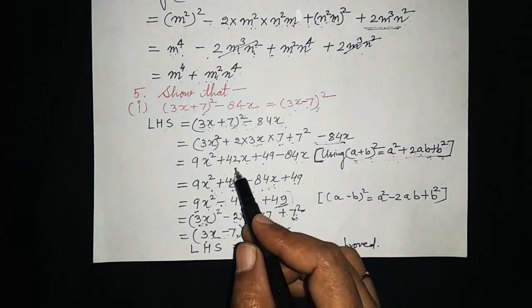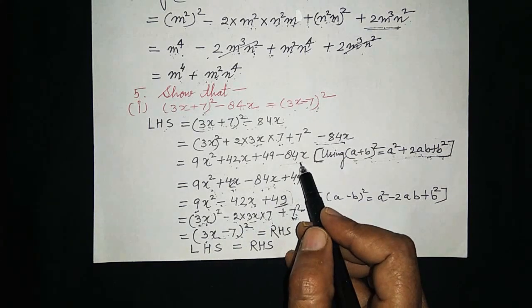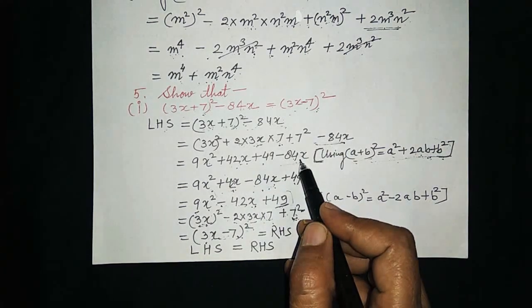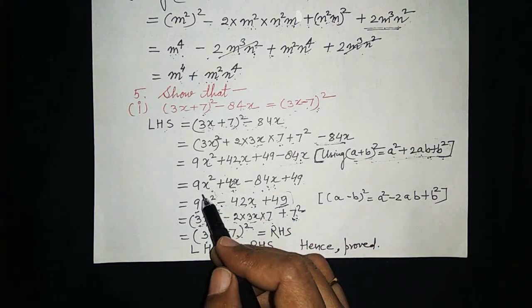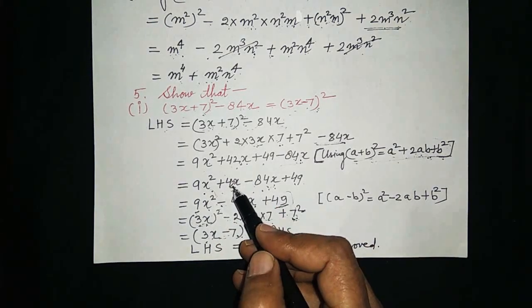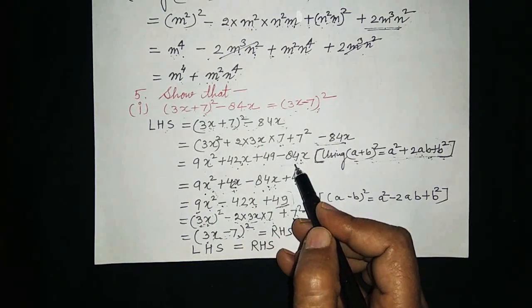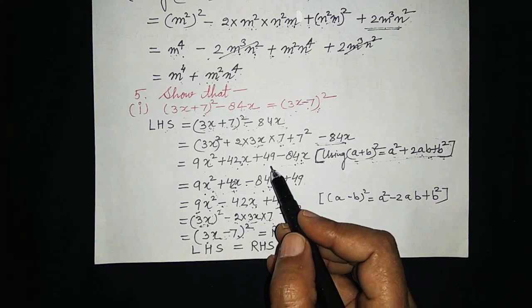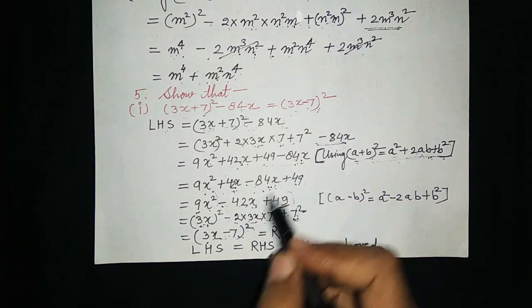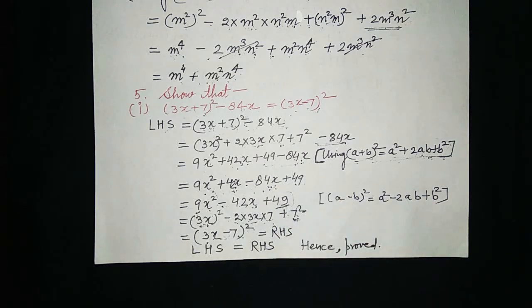Now 42x and minus 84x are like terms, so we will write them together. First 9x square, then plus 42x, then minus 84x, and at last plus 49.